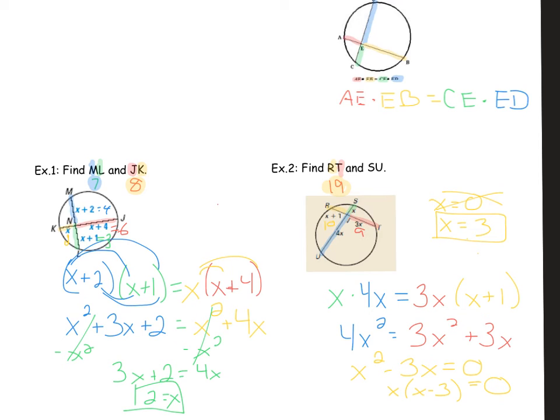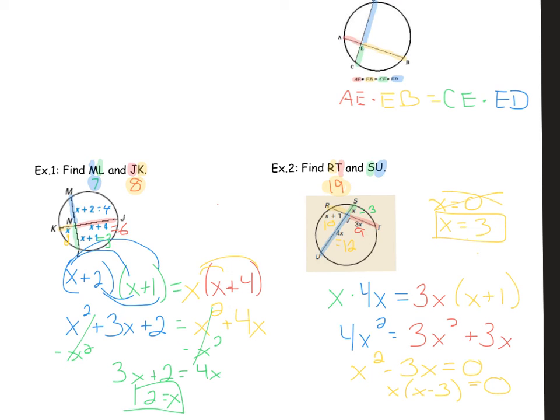And then for SU, well, that was the green. Nope, green and the blue together. Okay, so if I know that x is 3, that means this part here is 3. And that means this part here, 4 times 3 is 12.